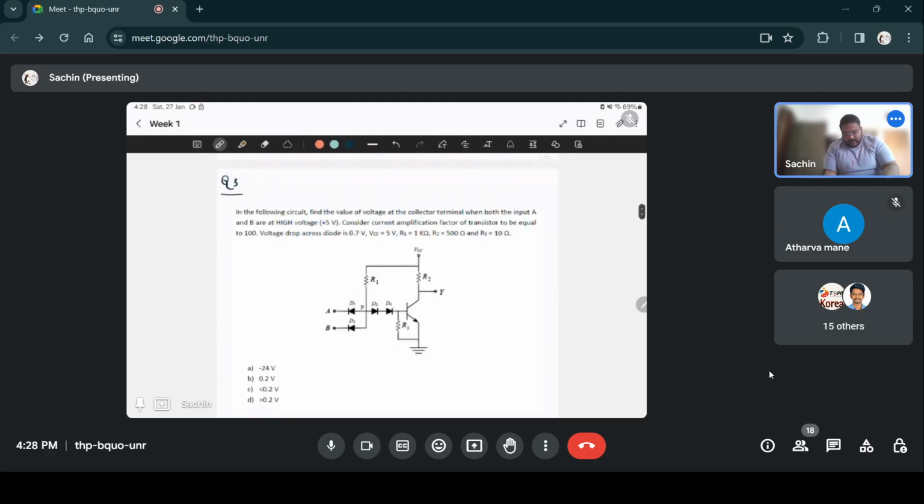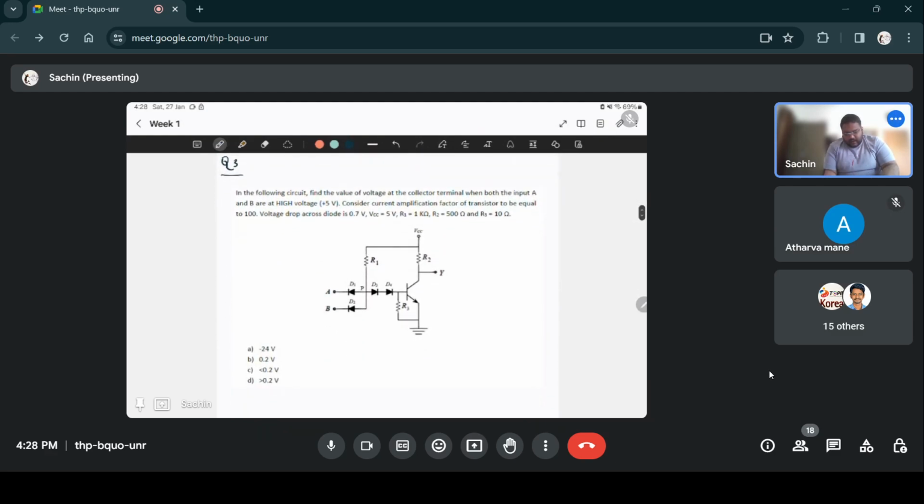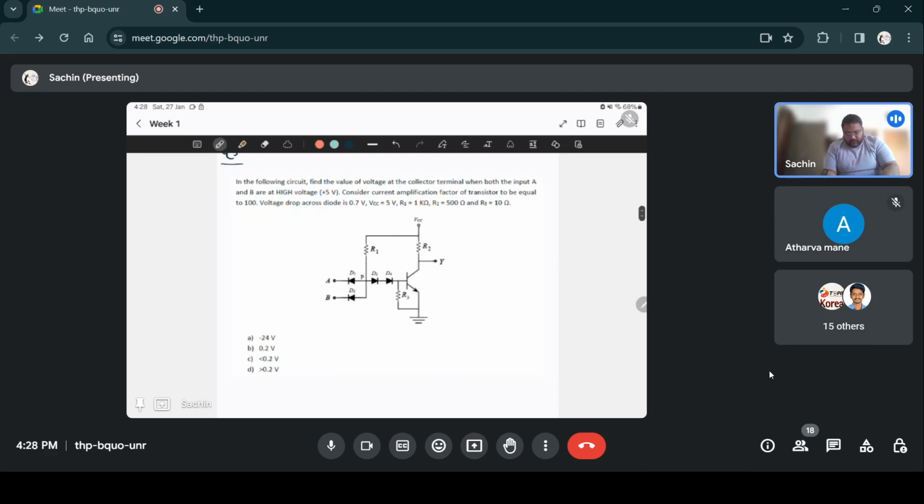Okay. Question 3. Again the same circuit, except that they have a quantitative question. A and B both are kept at high voltage, 5 volts, and they have given values for R1, R2, R3 also, and the diode voltage drop is 0.7 volts, and the beta for this is 100, the current amplification.